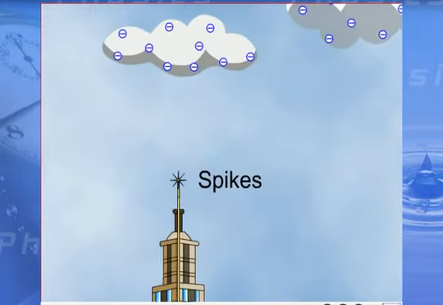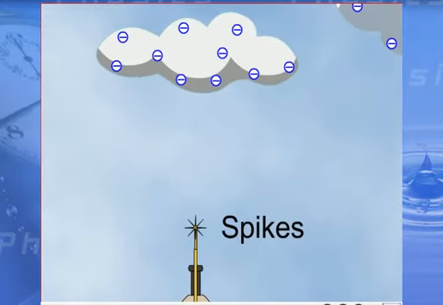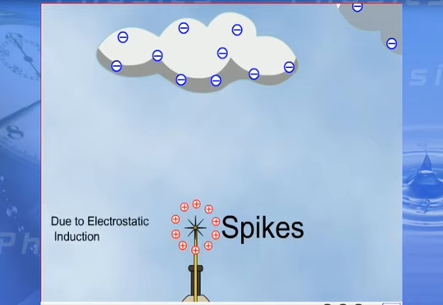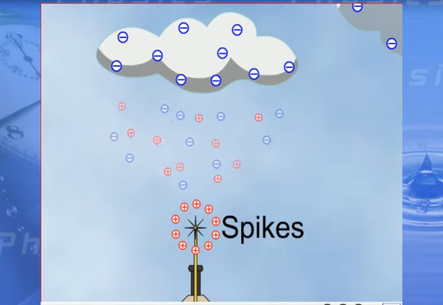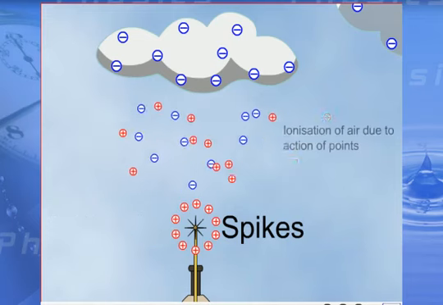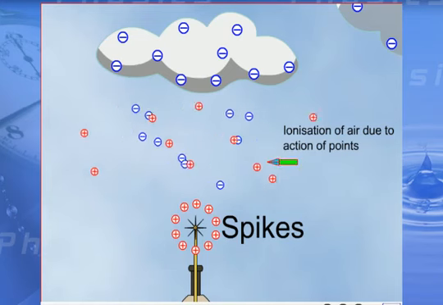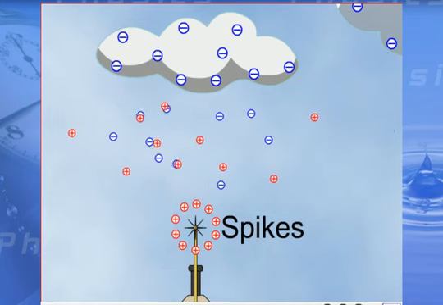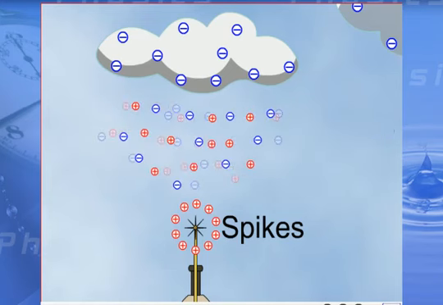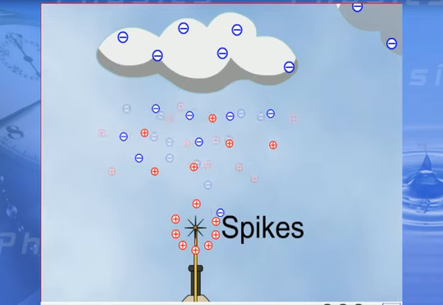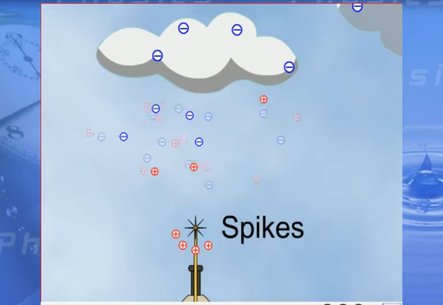due to the action of points, the positive charge of high potential is induced on the spikes of the lightning conductor. Due to the high positive potential of the lightning conductor, the air gets ionized near the conductor. Therefore, the negative charges in the air come towards the lightning conductor and the positive charges repel towards the clouds and neutralize it.